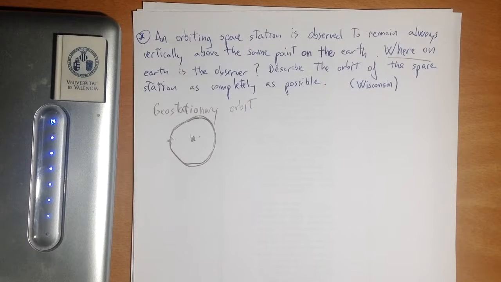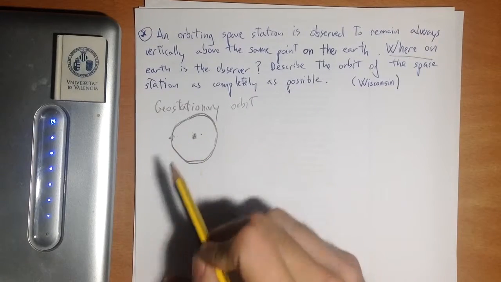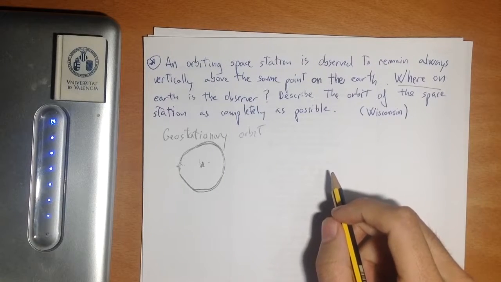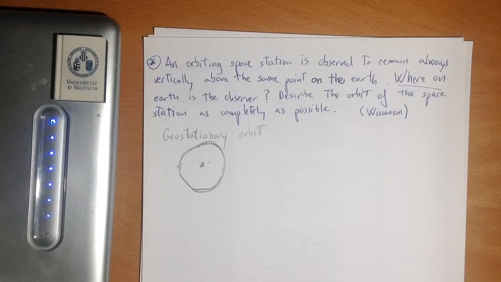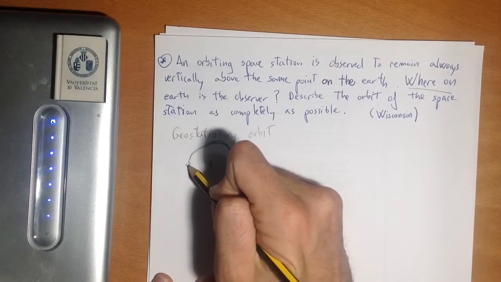Now we have to describe the radius of this orbiting space station. How could we describe that? Let's draw forces here.